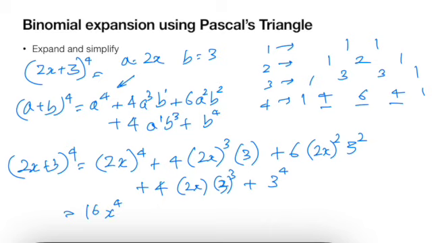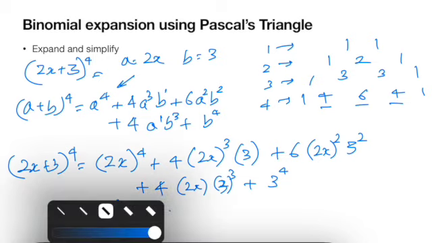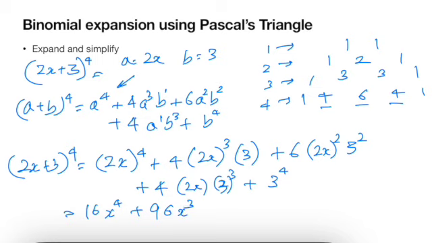Okay, and now if we expand this, 2 to the power 4 is nothing but 16, x to the power 4 plus 2 to the power 3 is 8, 8 into 12, 96, x cube plus this is 4 into 6 into 9, right? So this is 24 into 9, 9 4s are 36, 9 2s are 18, 19, 20, 21.